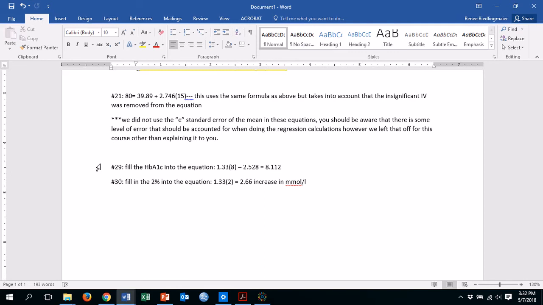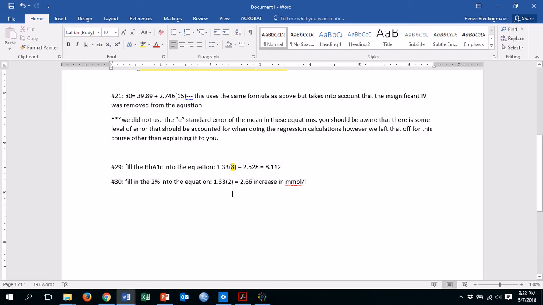So the Khan et al. 2015 study also reported the following regression equation and reported that hemoglobin A1C could also be used to predict fasting blood sugar. So I have 29 and 30 right there. If hemoglobin A1C is 8%, and you'll see I just filled it into the equation, there's the 8, minus 2.528 equals 8.112.